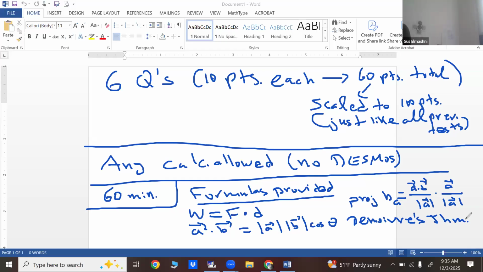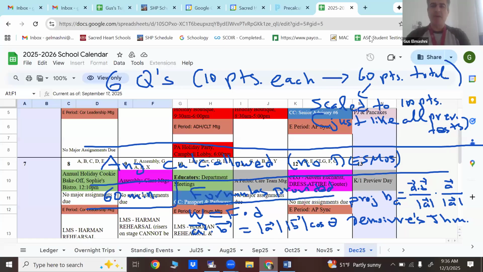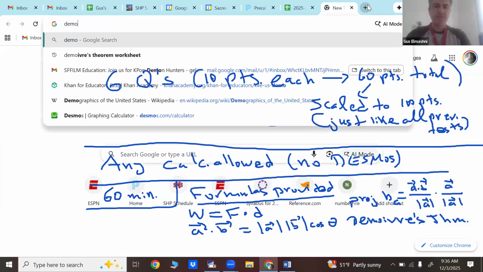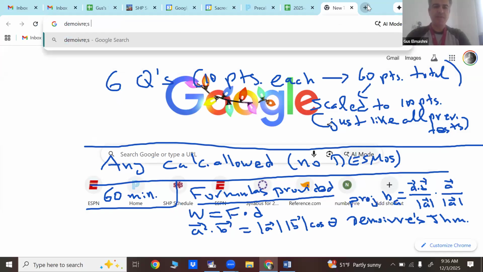Or you could use De Moivre's theorem, which tells you to find the r value, find theta, and then figure out what n is. It's the magnitude to the power of that number, and then you multiply that. Correct. Thank you, Teddy.